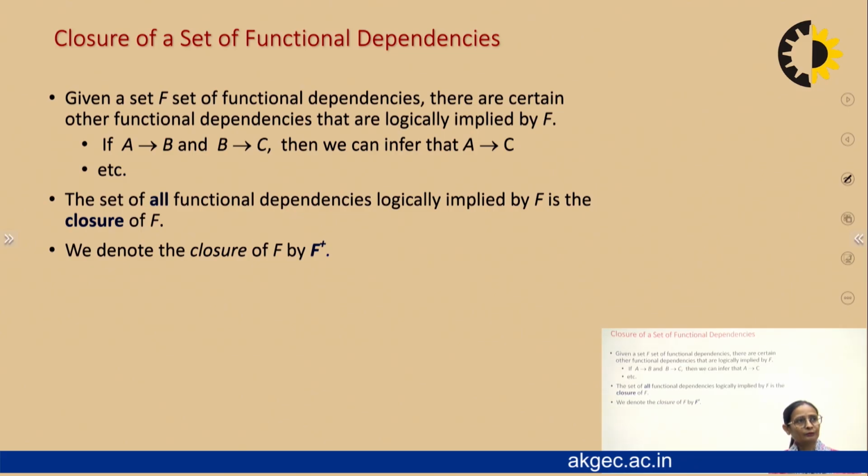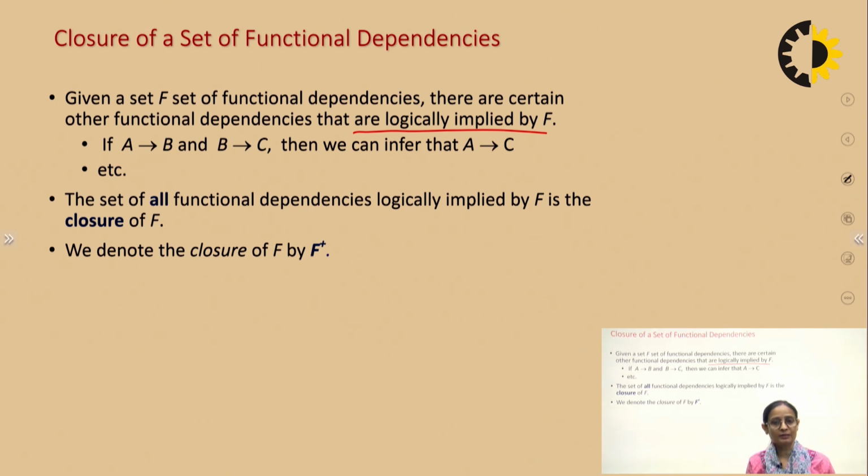Closure of a set of functional dependencies. What is the definition? Given a set of functional dependencies, there are certain other functional dependencies that are logically implied by F. That is, we are given a relation, and on this relation we are given a few FDs, and if we are able to generate more FDs from the already given set of FDs with the help of inference rules, then the newly formed set becomes the closure of a set of functional dependencies.